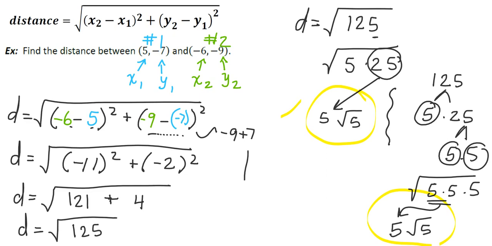So what we have found is that if one point is at 5, -7, let's estimate down here, and the other point is at -6, -9, further down, the distance between them is 5 square roots of 5.